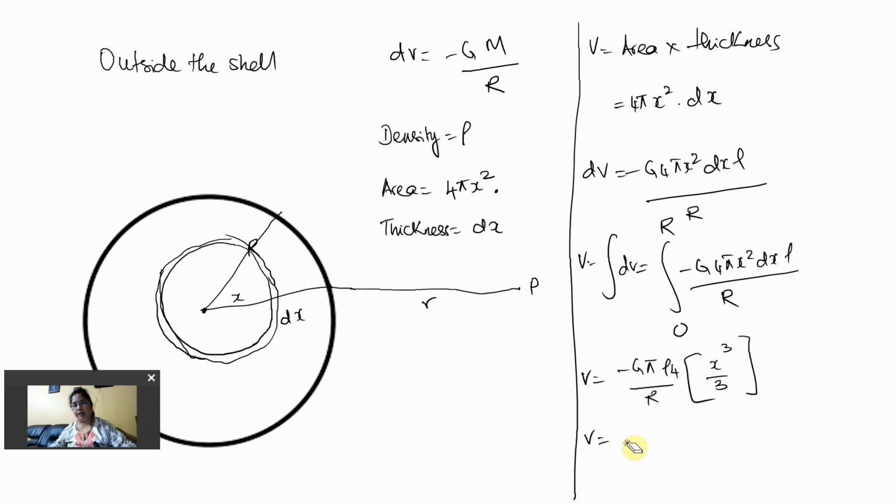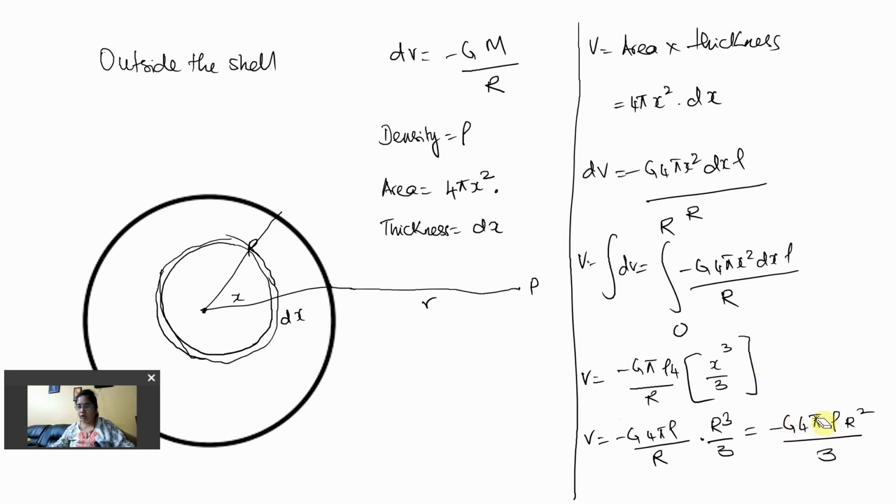You're going to get V is equal to minus G 4 pi rho by r into R cube divided by 3. So what am I going to get here? Minus G 4 pi rho R square divided by 3. This is going to be my potential on a point which is outside the shell.